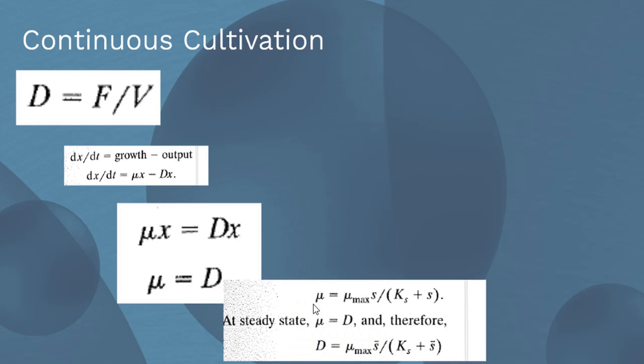As per Monod's model, the specific growth rate of the system is given by the change in biomass concentration in the system, but at steady state conditions mu is equal to D.